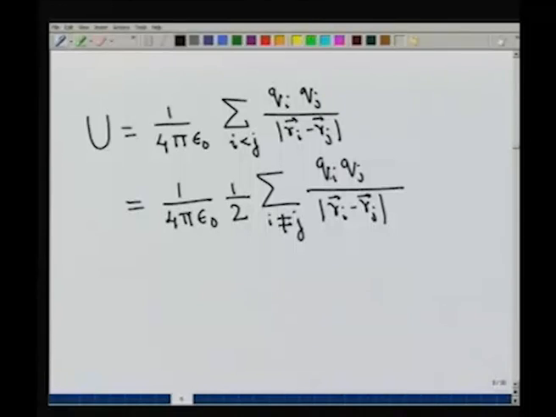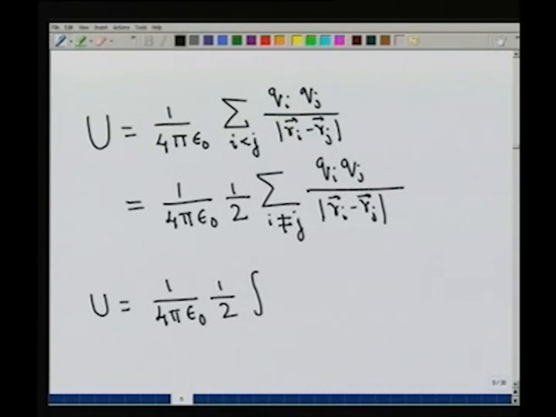Now it is again straightforward to write down the generalization when I have a charge density. So how do I go about writing the charge density? My Qi will be replaced by one charge density, Qj will be replaced by another charge density. Therefore, it might appear that the generalization is straightforward. We simply write it as 1 over 4 pi epsilon naught, I have a factor of half.